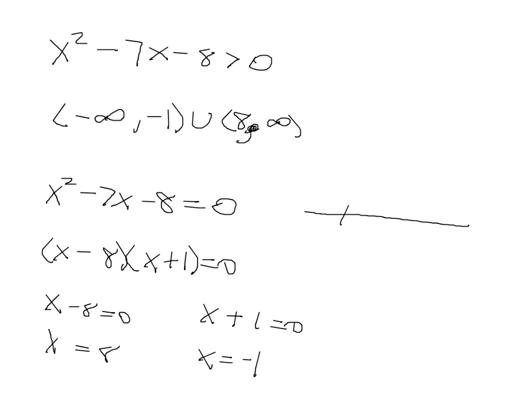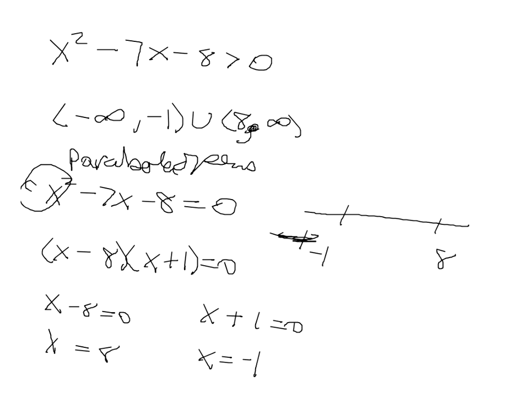Now I sketch a little graph. It doesn't have to be exact or anything. Just kind of a rough sketch with my x-intercepts. This is a parabola that opens up, and I know that because the coefficient in front of the x squared is positive.